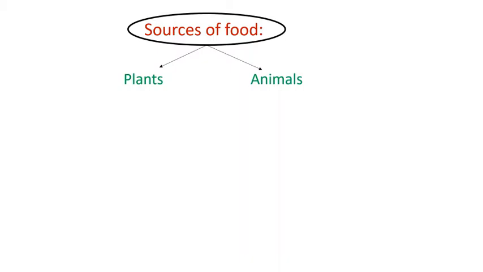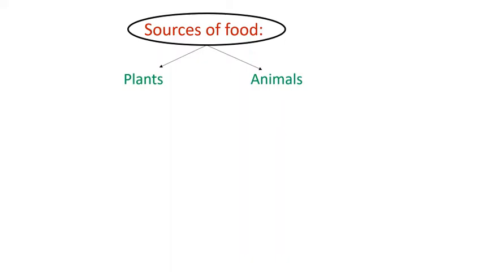Children, who takes care of plants and animals? Yes, farmers. Farmers are the one who takes care of plants and animals and also provide us all the food that we eat. So we should never waste food. Very good, children.